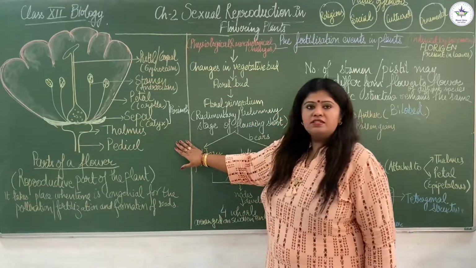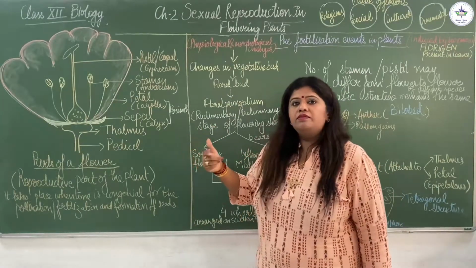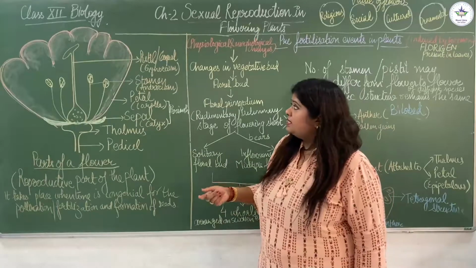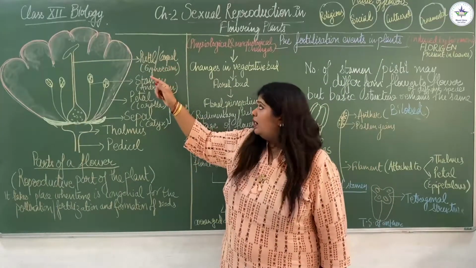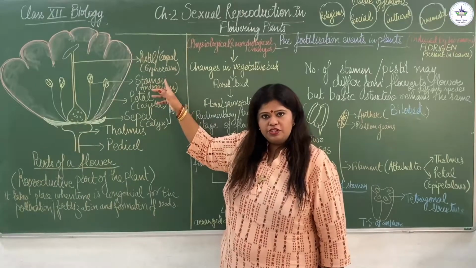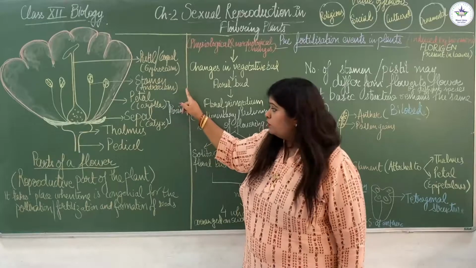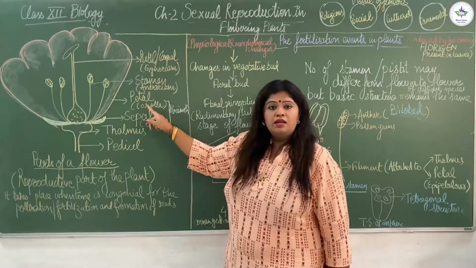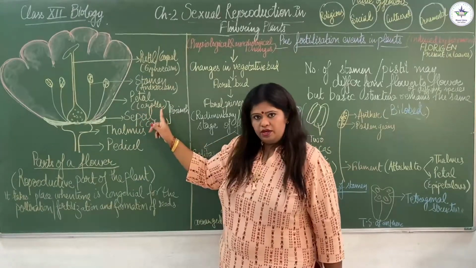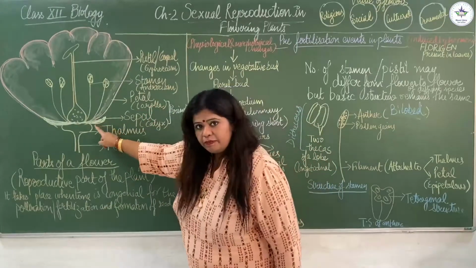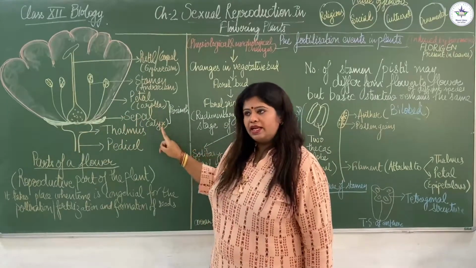So a flower has 4 important parts, which are also known as the whorls of the flower. These are the pistil or the carpel, the female part of the flower, which is also known as the gynoecium; the stamen, also known as the androecium; the petal, which is the colored part of the flower and is also known as the corolla; and the green leafy part of the flower, that's known as the sepal or the calyx.